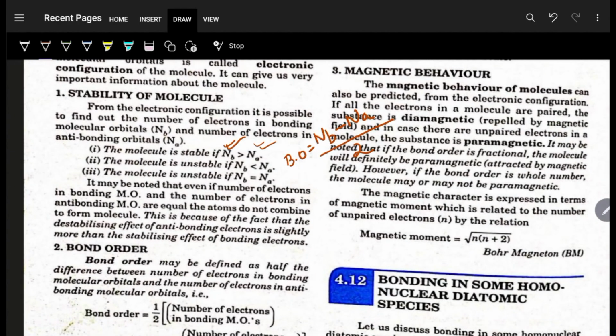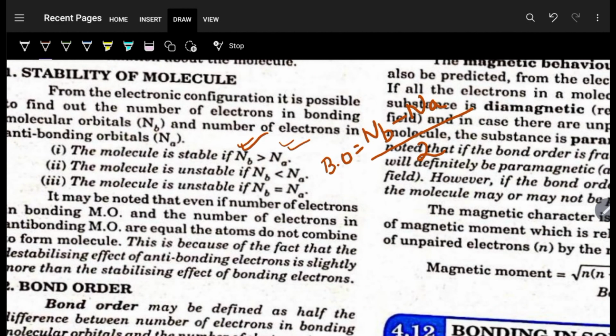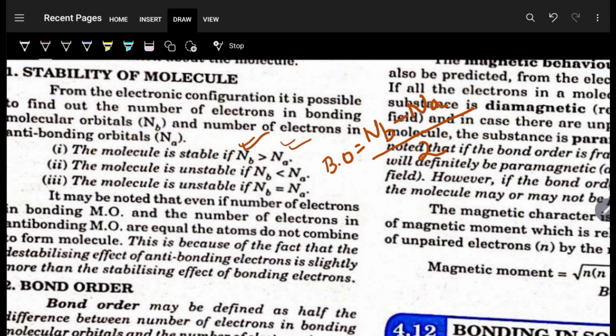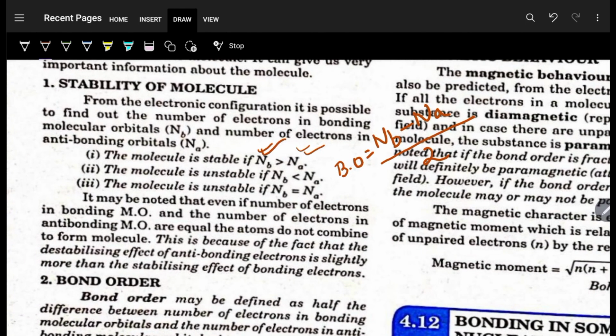And the molecule is unstable if the reverse takes place or if they are equal. In those cases, the bond order can be 0 or negative. So the bond order will be affected and the stability of the molecule will also be affected. The destabilizing effect of antibonding electrons is slightly more than the stabilizing effect of bonding electrons.